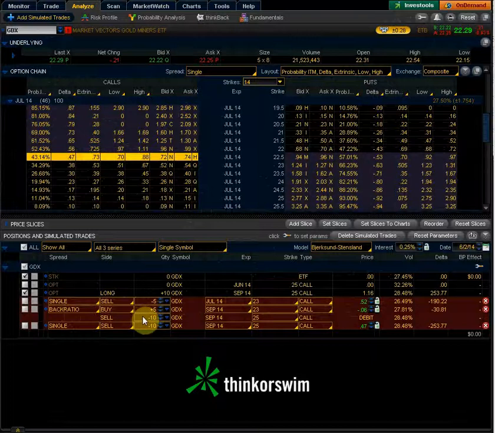I'm selling twice as many as I'm buying, and I'm selling the 25, which is what my current position is. So I'm selling my 10 contracts of my 25 September position, and I'm buying 5 contracts of the 23 strike price on the same month.